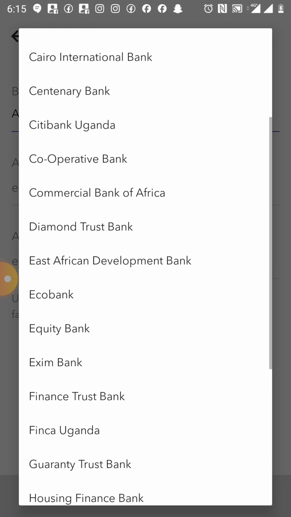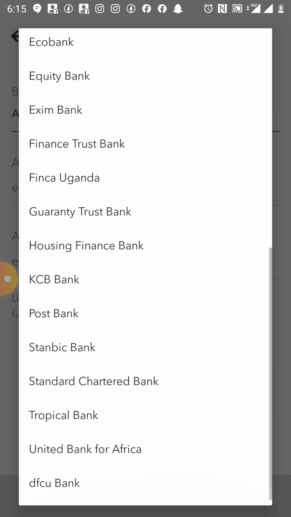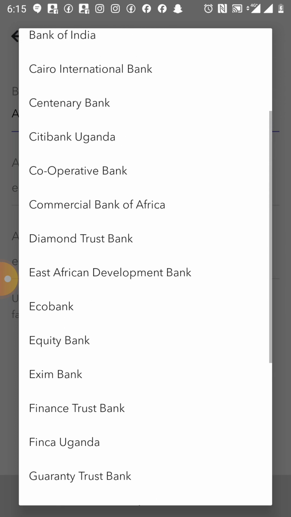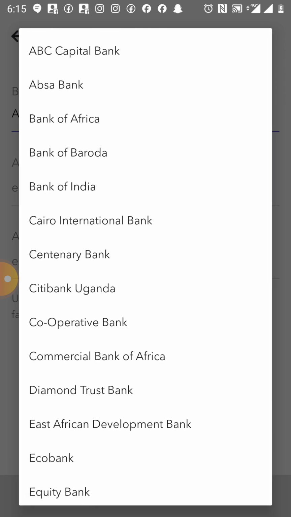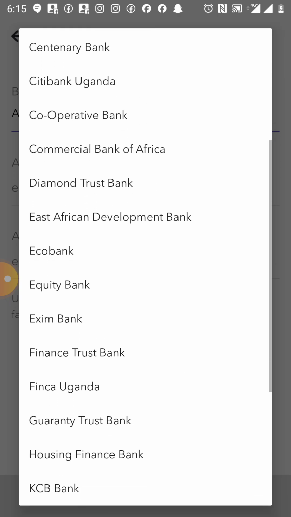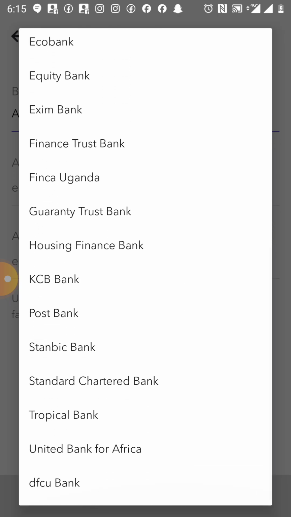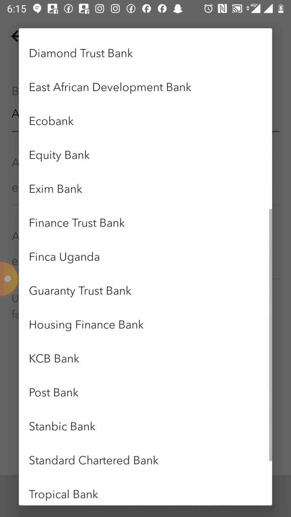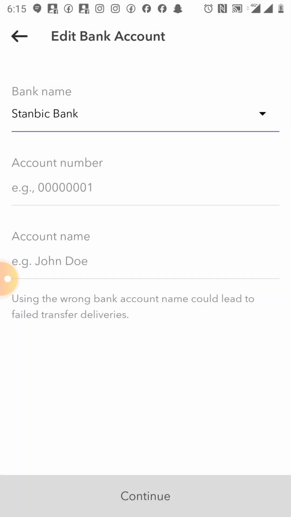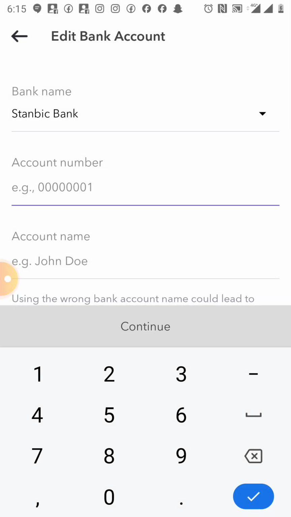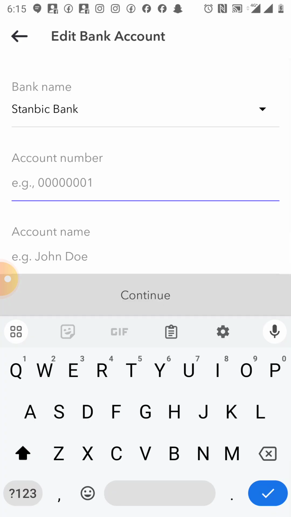Let me look for Stanbic, because it is my bank. Stanbic Bank. Are you seeing it anywhere? Here, DFCU, United Bank, Tropical Bank, Standard, Stanbic. Then here I put my account number, then the account name, then I press continue.